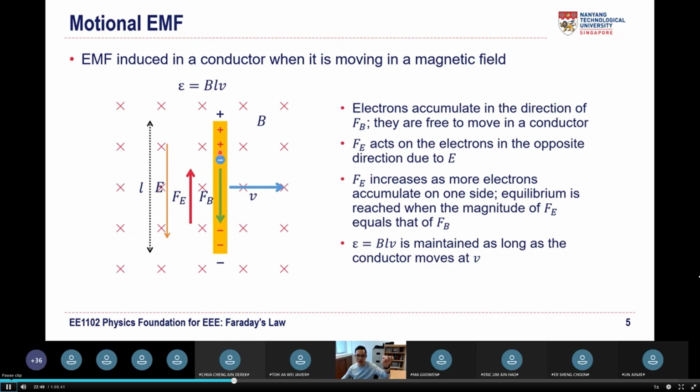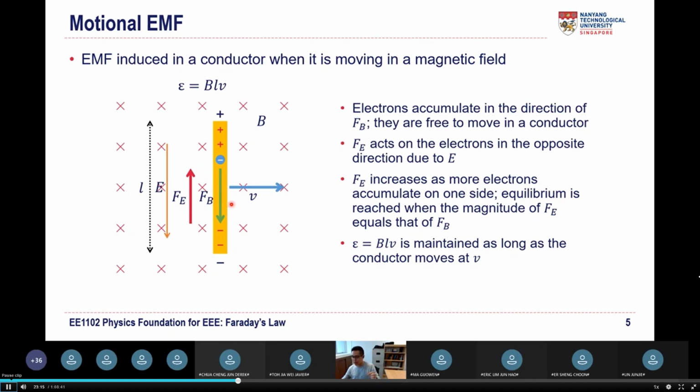That means an electric field is also going to be created that way, and that means these electrons will not only experience the magnetic force, but they will also experience the electric force, or the Coulomb force, due to the field created between these two polarities.